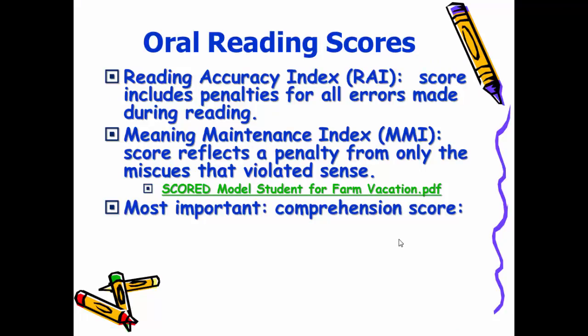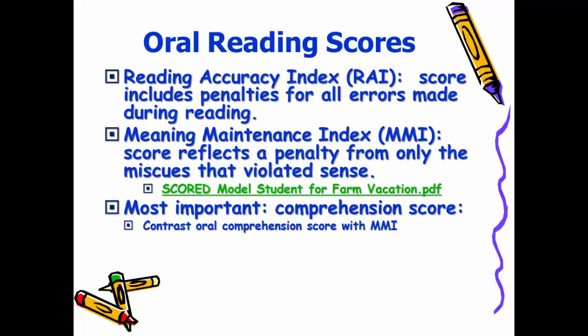Important to consider RAI and MMI, but folks, the key here is comprehension. Why? I'm not going to be happy if I have a 99% MMI and a 50% comprehension.